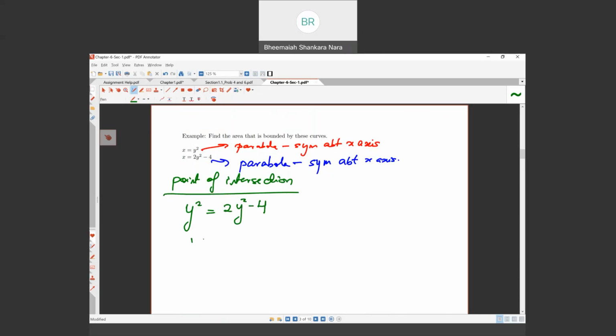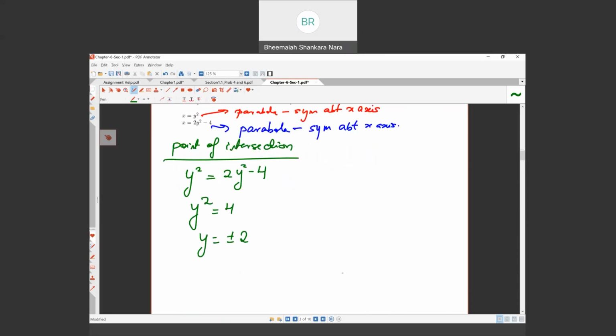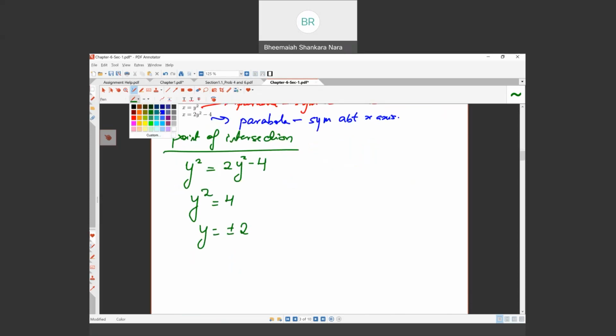So add a negative y squared on both sides. Simplify, you have y squared equal to 4. Again, solve for y, you have plus or minus 2. Now take one of the parabolic equations, x equal to y squared, and when you plug in y equal to plus or minus 2 here, you always get x equal to 4.